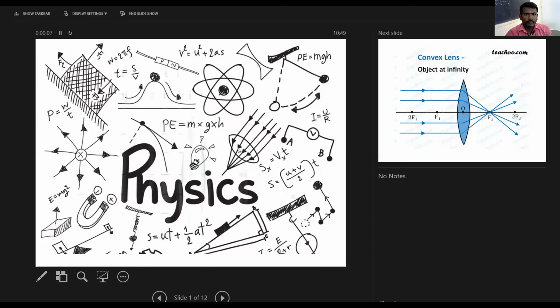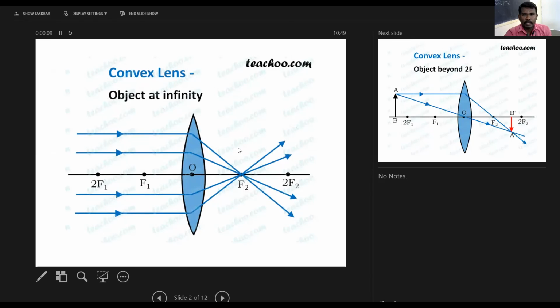See this case. This is object at infinite distance in a convex lens. So first of all, we are going to see all the image formation with respect to a convex lens. The image is formed at f2.